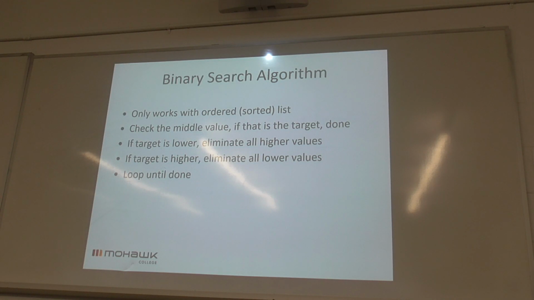Is 42 greater than 29? Yes, it is. So if it exists, it must be here. That's 30. We only have one element left. Is that 42? No. So, false. The data we're looking for is not in the array.